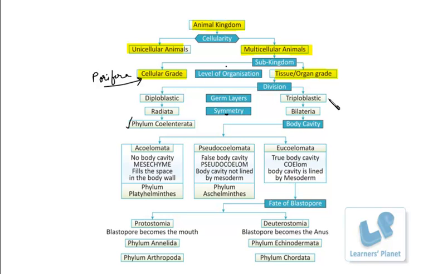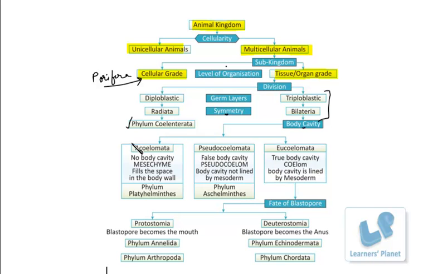If the organisms belong to the divisions Triploblastica and Bilateria, you know what Bilateria is? It means bilateral symmetry, in which the body can be divided through the vertical plane, and the left and right parts are equivalent to each other. Organisms having this symmetry are known as Bilateria. These triploblastic Bilateria are further subclassified on the basis of the type of body cavity.